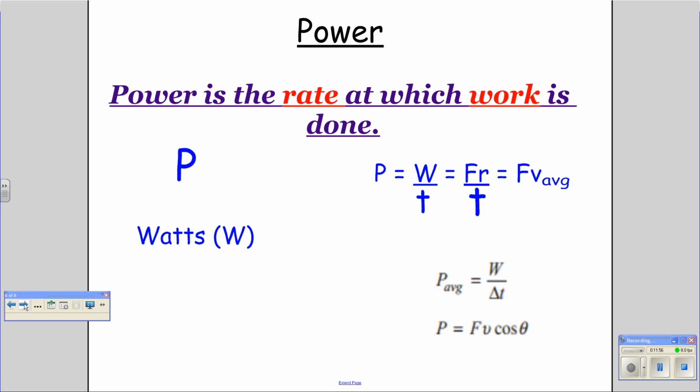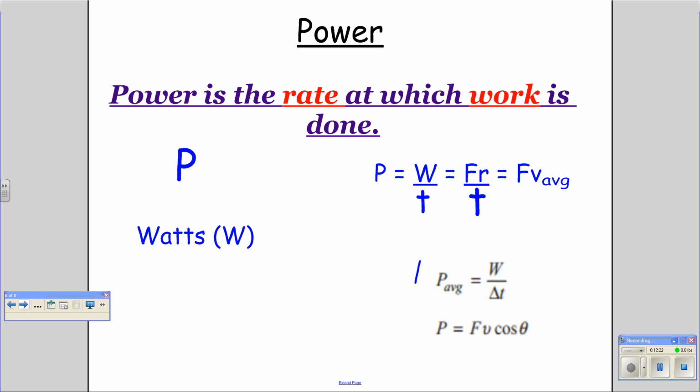Now, power is the rate at which work is done. So power is work divided by time. Like velocity is the rate at which distance is covered, so velocity is distance divided by time. Power has units of watts, which is the capital W, not to be mistaken with work or weight. Physics really likes that capital W. Okay?